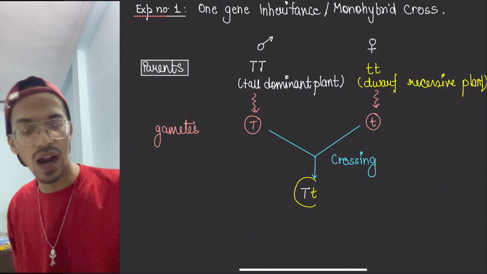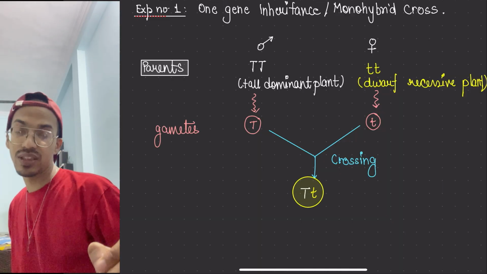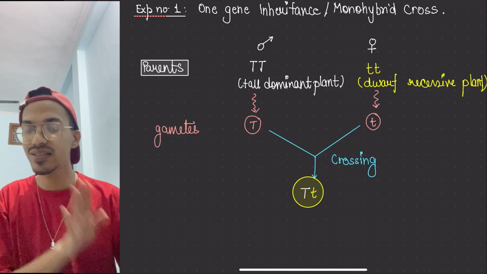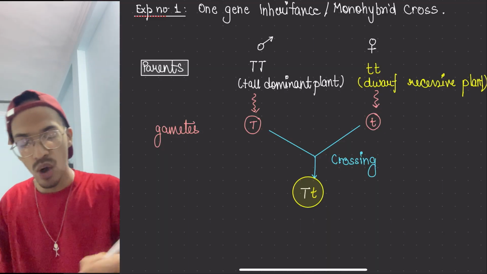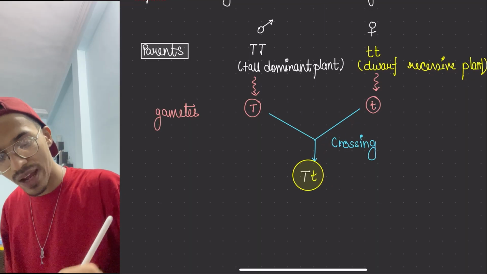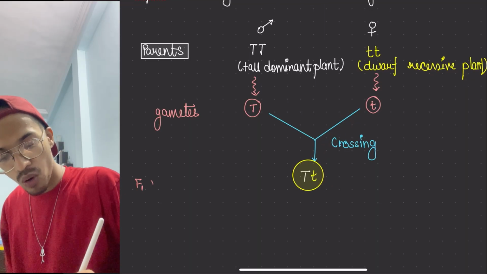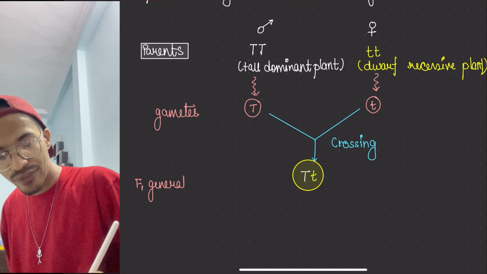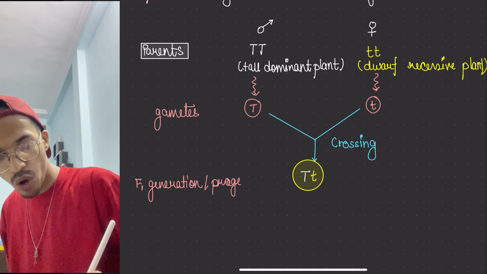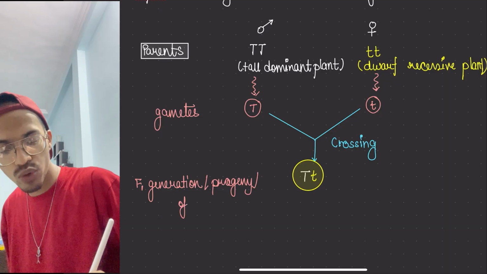This has become your plant. Okay. So this is the next generation that is being formed. When this next generation has been formed, we call this the F1 generation, or the F1 progeny or the F1 offspring, whatever you want to call it.